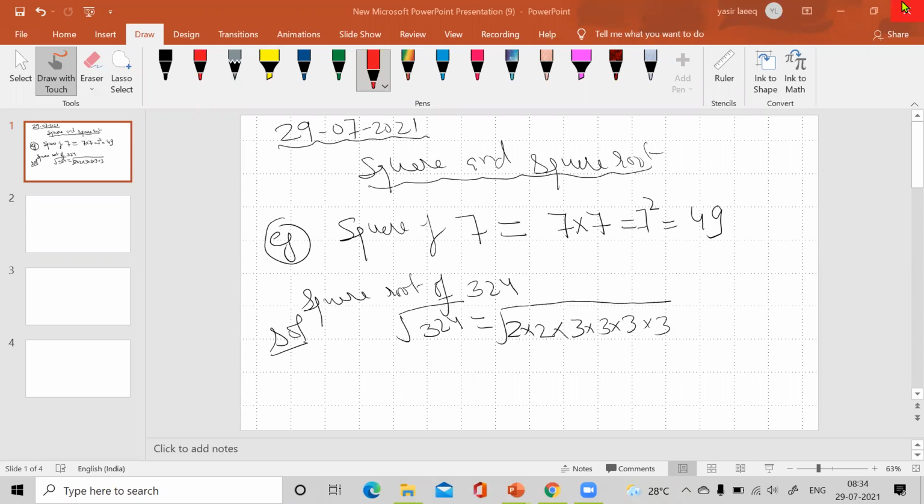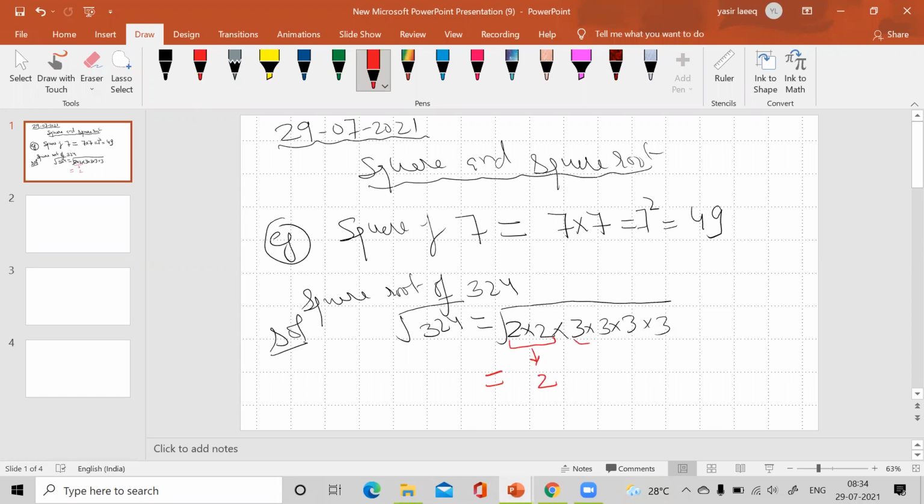Yes, sir. Okay. See this thing, what students were doing yesterday also: here don't put the under root sign. Here you put the under root sign. Under root 324 can be written as 2 into 2, 3 into 3, 3 into 3 with the under root sign. For removing the under root sign, you make a pair of this and take 1 two out of it.